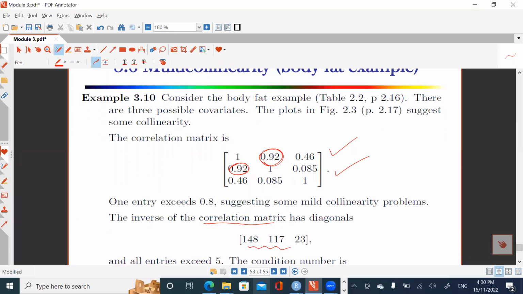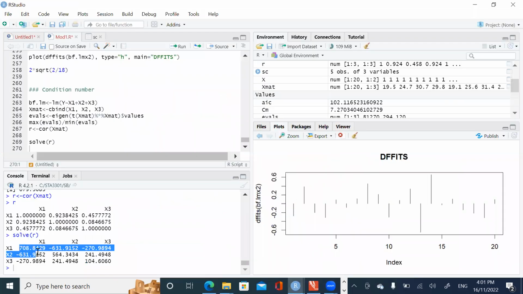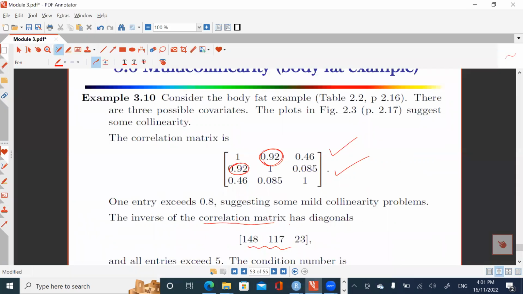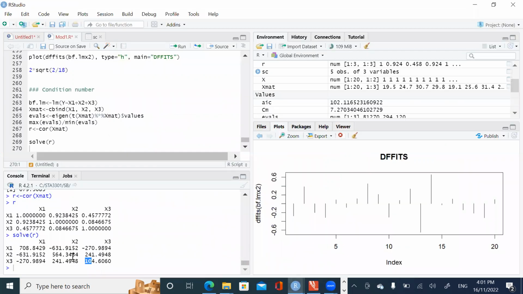I think this is not right. So it is not 148; the first one should be 708.